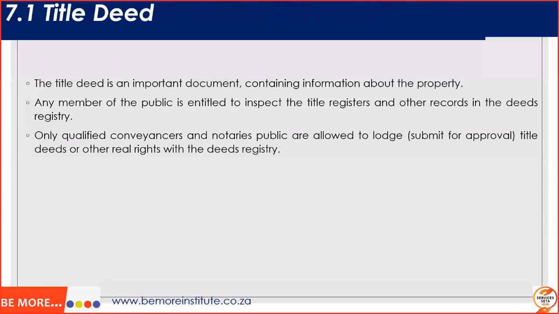The deeds office, like we just spoke about, is the authority that issues the title deed, which is a document containing information about the property. Any member of the public is entitled to inspect a title register in the deeds registry, but only qualified conveyancers and notaries are allowed to lodge title deeds or other real rights with the deeds registry.